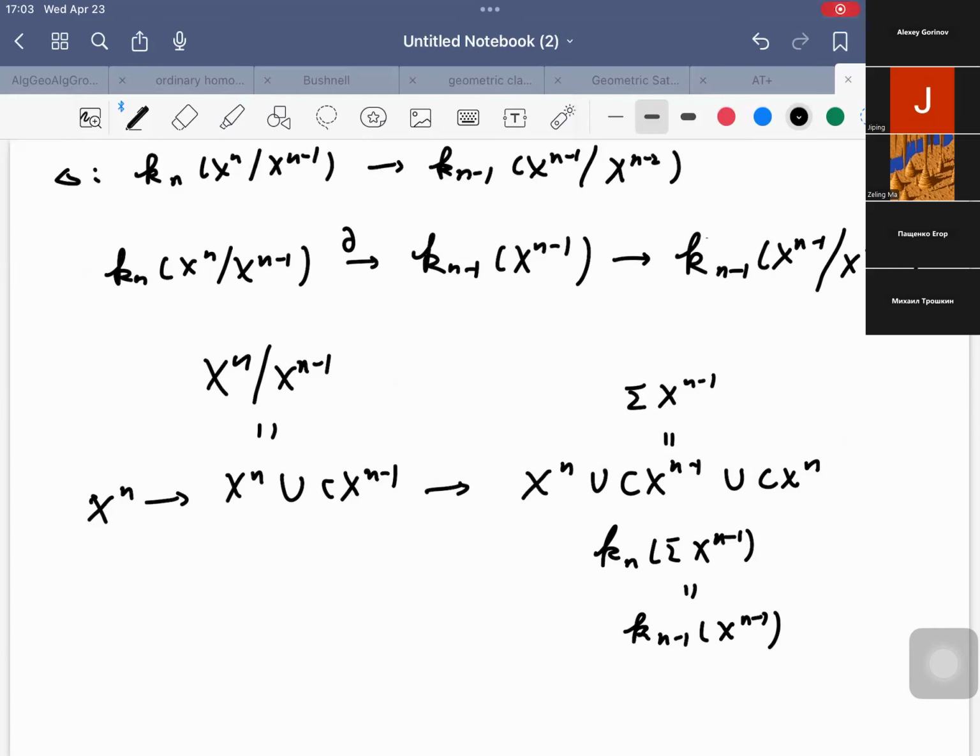And same for the right hand side. So we are able to use the long exact sequence of the triple X_n, X_{n-1}, X_{n-2}, and the delta is just the connecting homomorphism of the sequence. So this is just we take the projection.